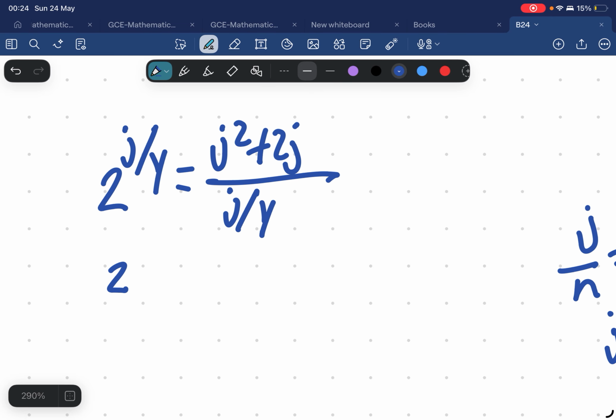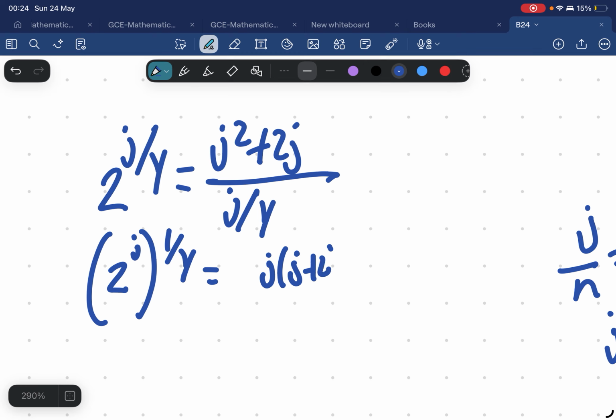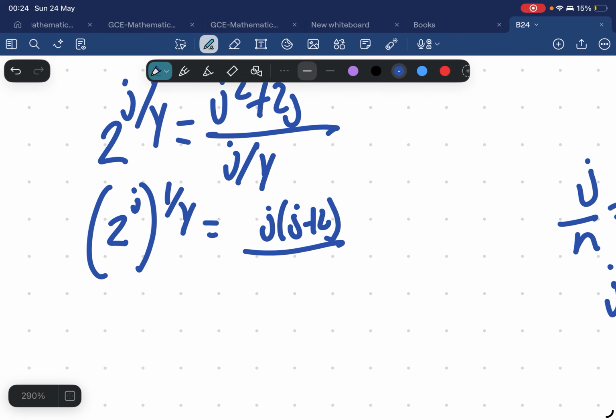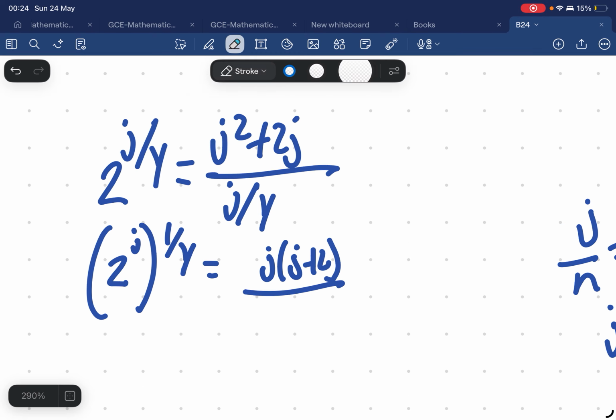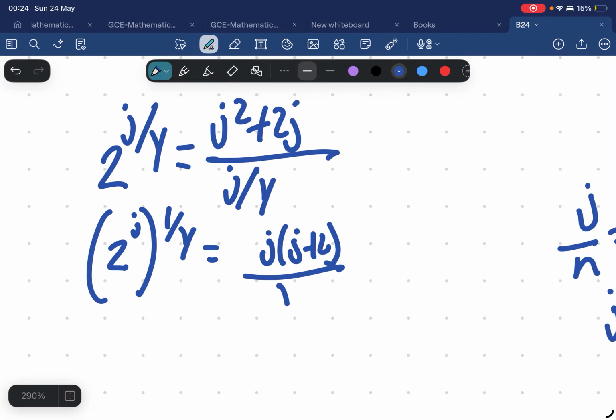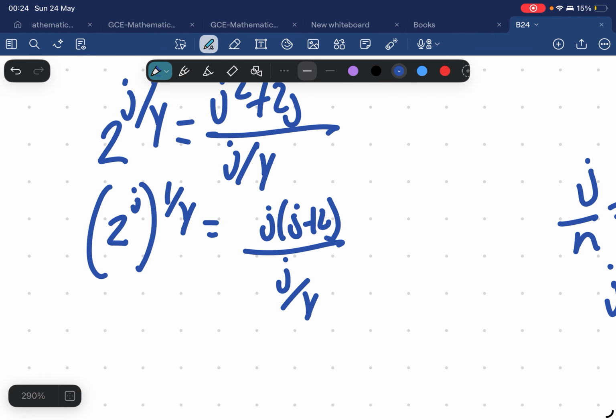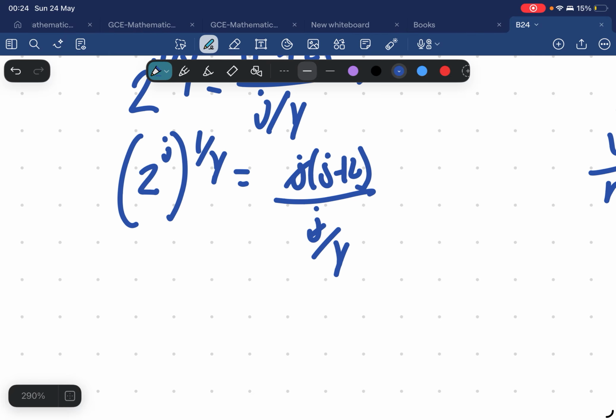We have 2j to the power j, sorry, 1 over gamma is equal to j plus 2 over j, so over gamma. These cancel, so what are you left with?